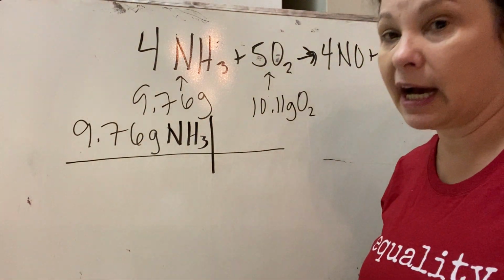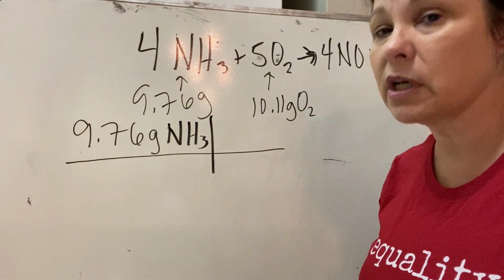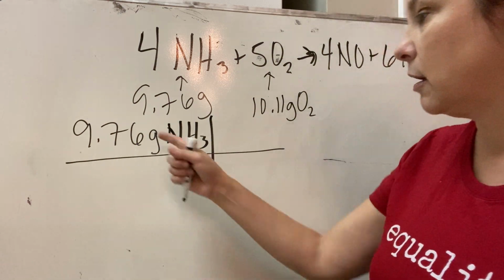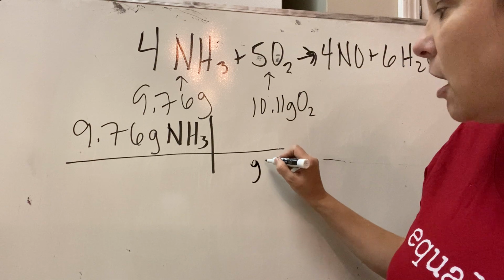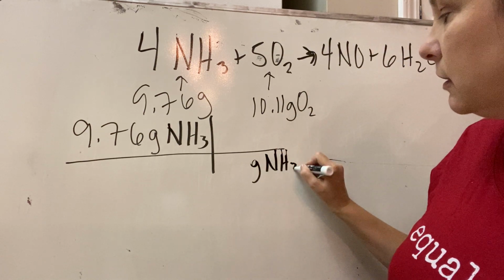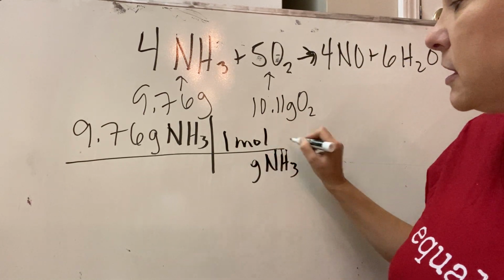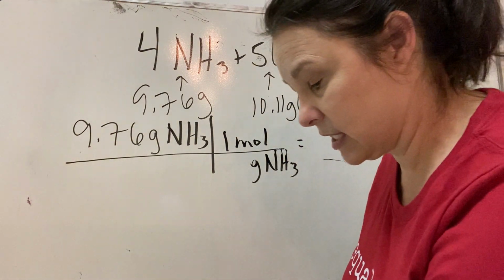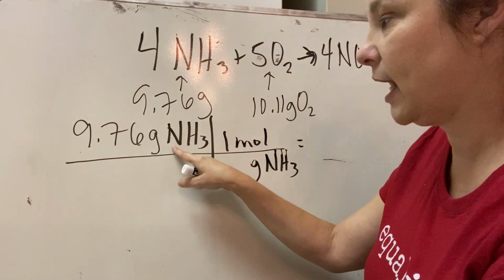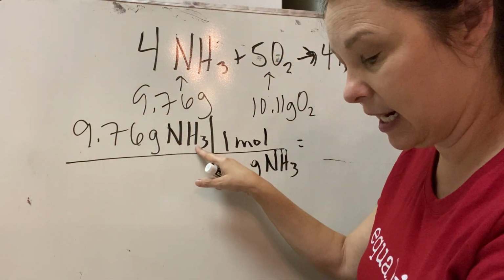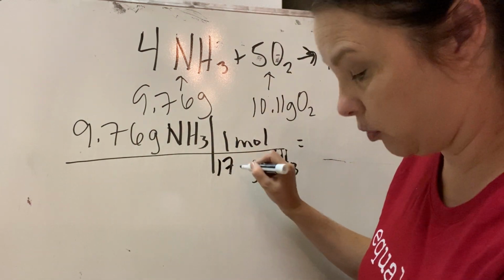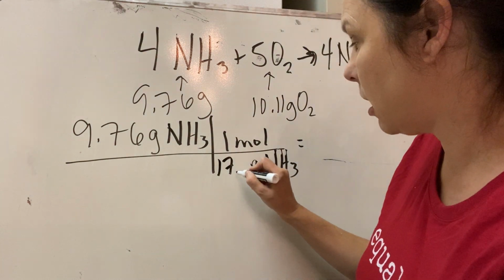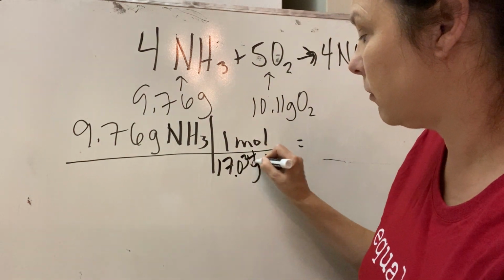And again, how do I change grams into moles? I use molar mass. I'm going to chunk a drop so that I know that the molar mass has to go in the denominator and the 1 mole has to go in the top. And when we add up the mass of 1 nitrogen and 3 hydrogens, we get 17.034.